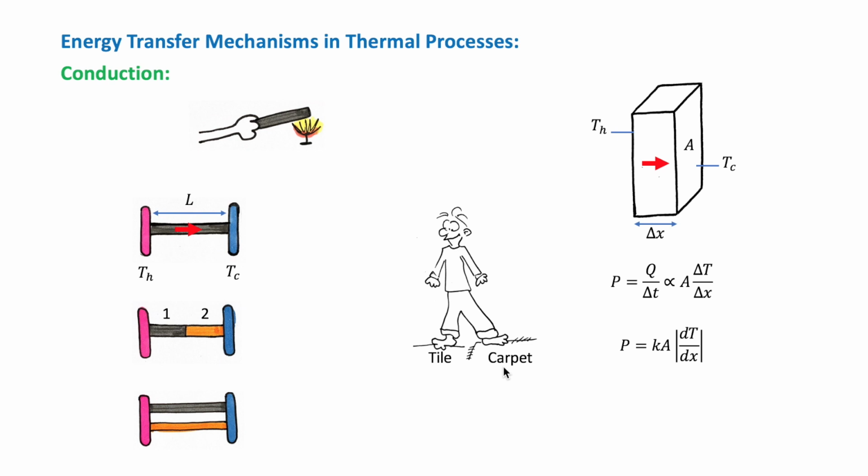So your skin is sensitive to this heat transfer rate, not the temperature of the object. Both have the same temperature, but your skin is sensitive to the heat transfer rate. So the larger the temperature difference between your foot and the floor, the faster the rate of energy transfer will be.